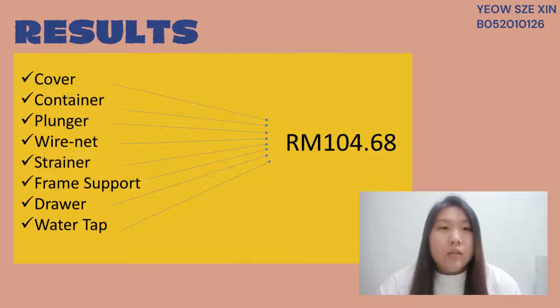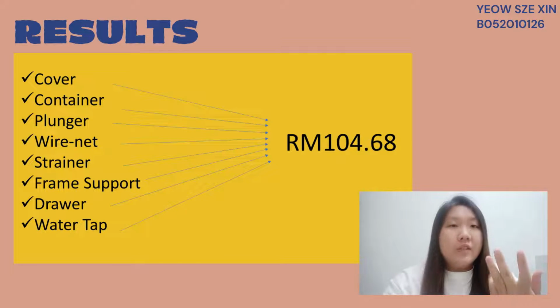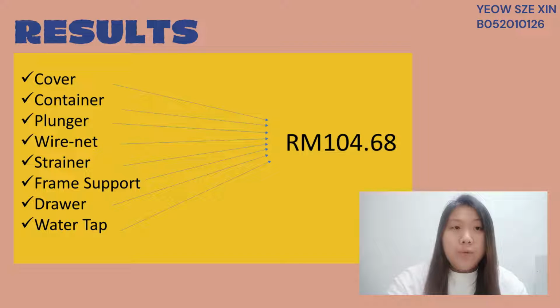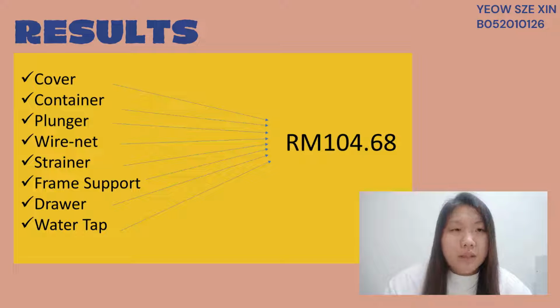For the cost estimation, we need a cover, container, plunger, wire net, strainer, drawer, and frame support, and the last one is the water tap.